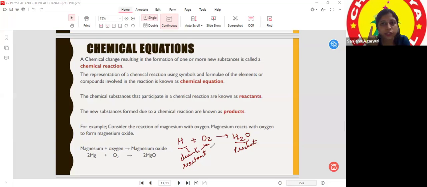There can be a change of odor, meaning smell, change of taste, evolution of gas, absorption or release of energy, precipitate formation. All these are signs that some substances have undergone a chemical change. So when we express that change with the help of symbols, it is termed a chemical equation. Okay.